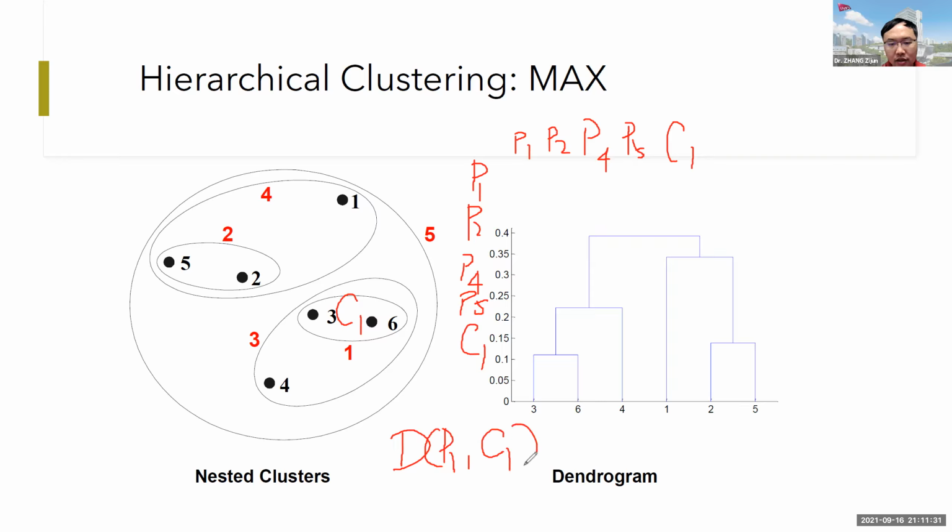The complete link will be equal to the maximum of the distance between P1 and P3 and the distance between P1 and P6.